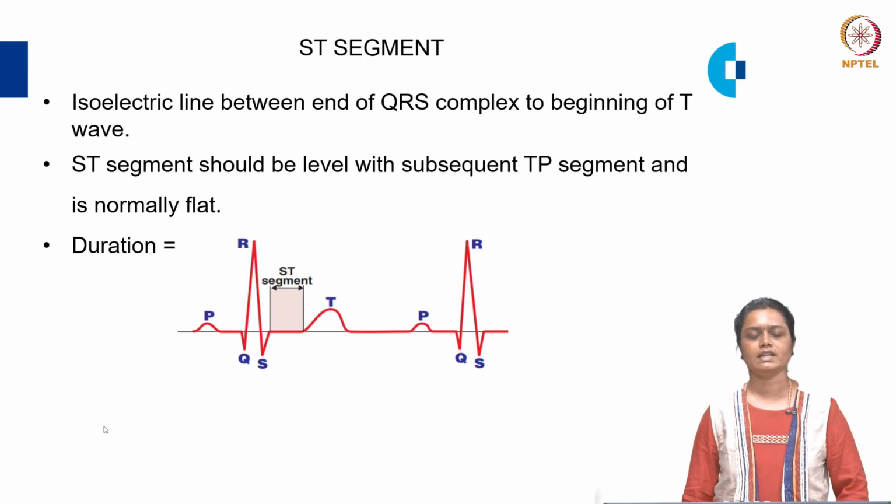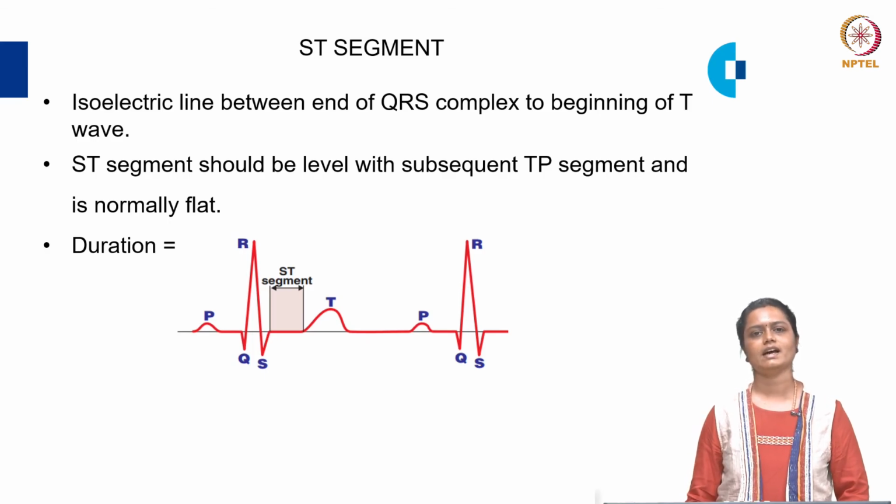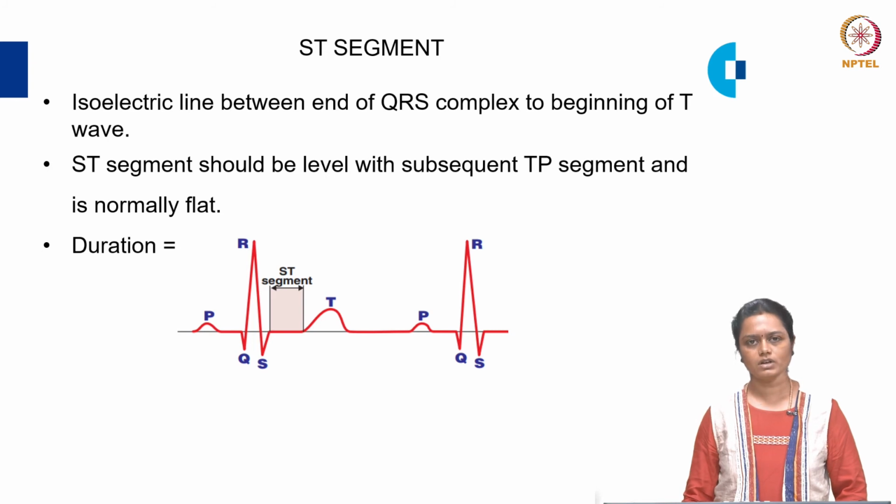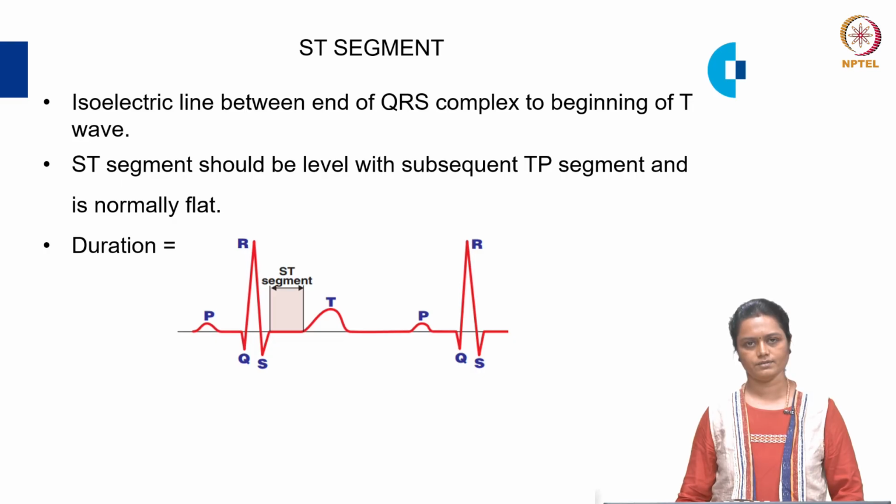Next is about the segment. As we have discussed, segments are only the isoelectric lines and do not include any waveforms. The ST segment is usually measured from the end of the QRS complex to the beginning of the T wave.